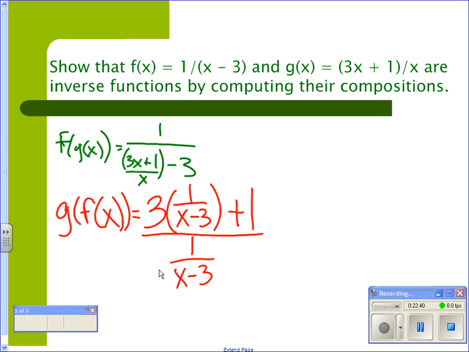Okay, so now what do we have to do? We've written the composition. Because it's 3 over x plus 1 over x, you have to put it into both x. What do we have to do now? Simplify. Okay.